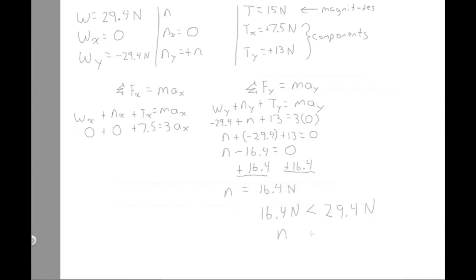So we have that the magnitude of the normal force came out to be less than the magnitude of the weight. Why does that make sense? You might want to pause the video and ask yourself, why does it make sense that the magnitude of the normal force came out to be less than the magnitude of the weight?